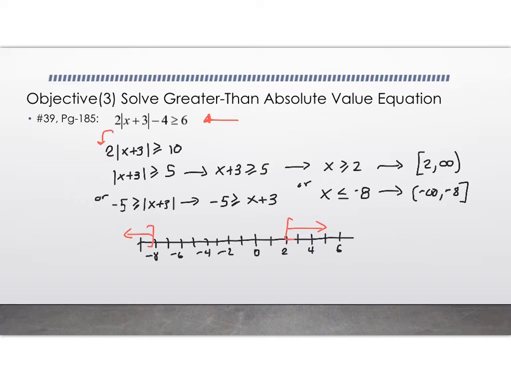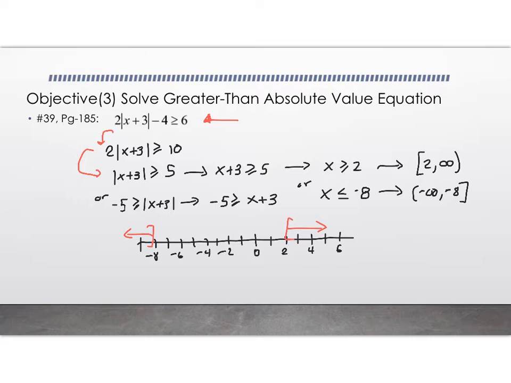We get 2 times the absolute value of x plus 3 is greater than or equal to 10. Then we divide by 2 and we get the absolute value of x plus 3 is greater than or equal to 5.